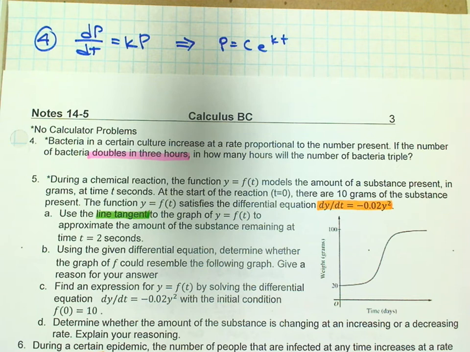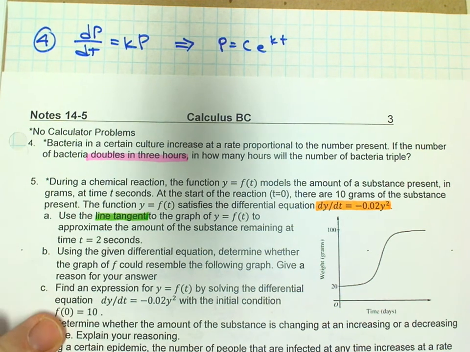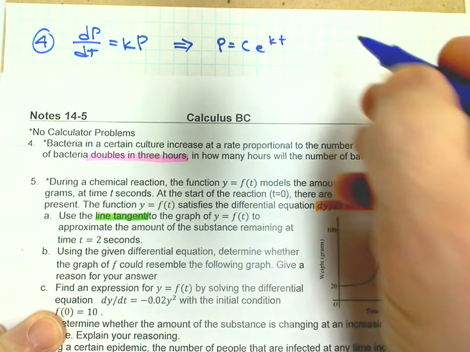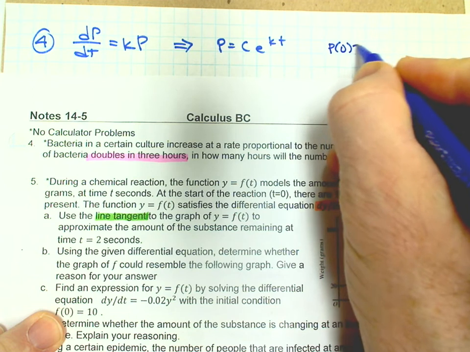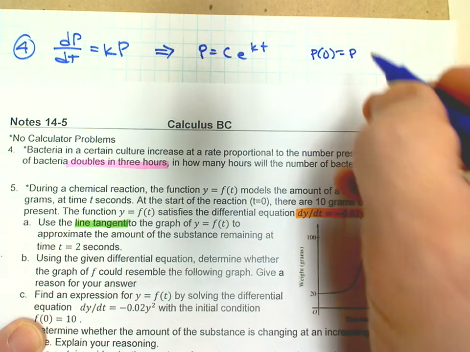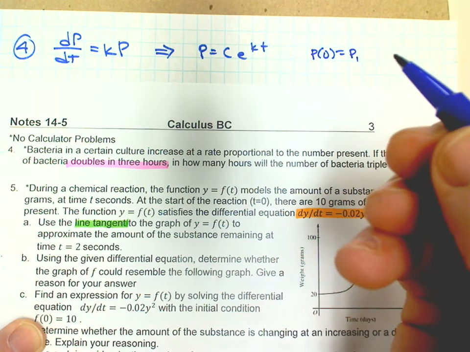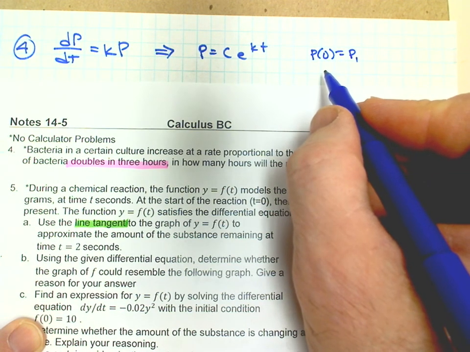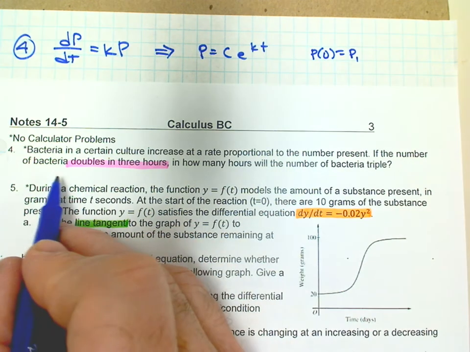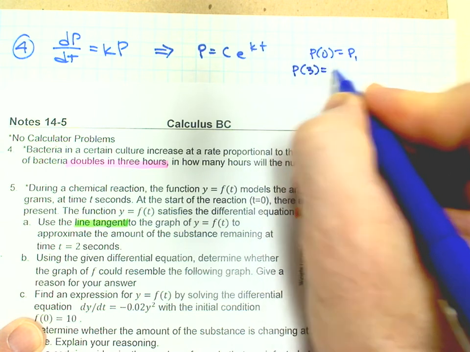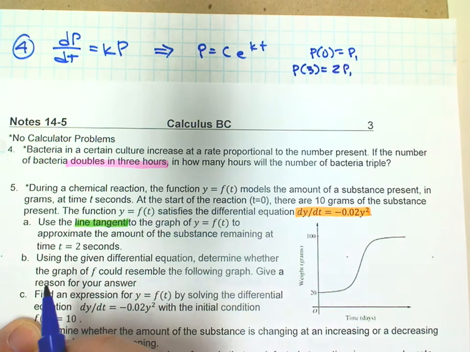Okay? So to go ahead and find the solution to this, we can say at the beginning, let's just say P sub 0, we have a population of P. If we are going to double that, I'll call it P1, maybe that makes it lit. And then we know at 3 hours, P of 3 will have double that amount.